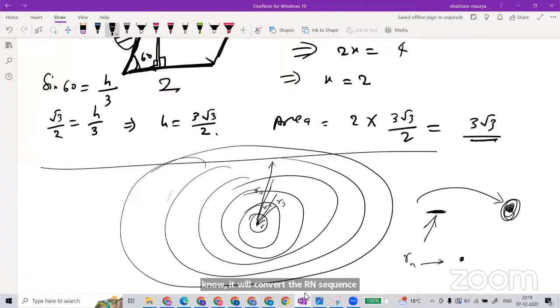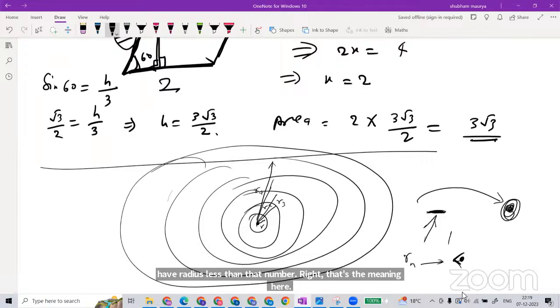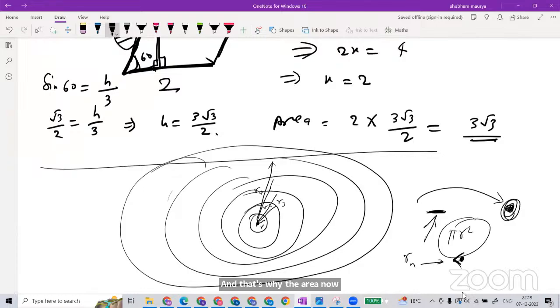That means the biggest circle has radius less than that number, right? That's the meaning here. And that's why the area, pi r square, is going to be lesser than pi times that number where it is converging.